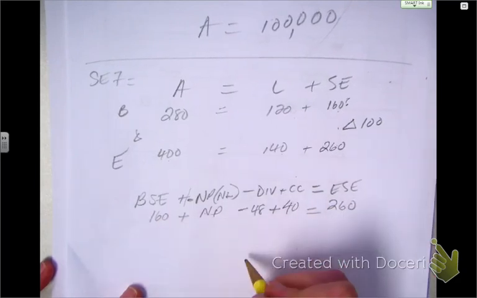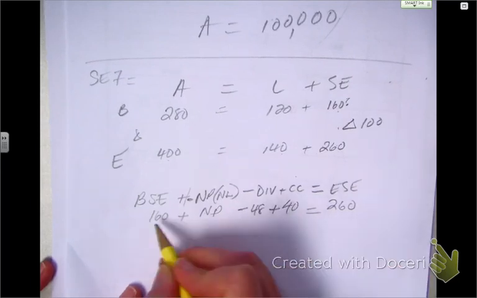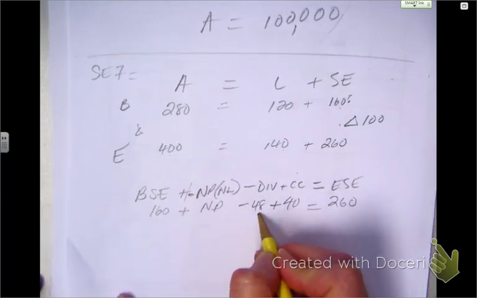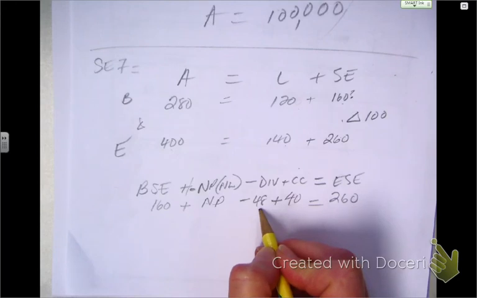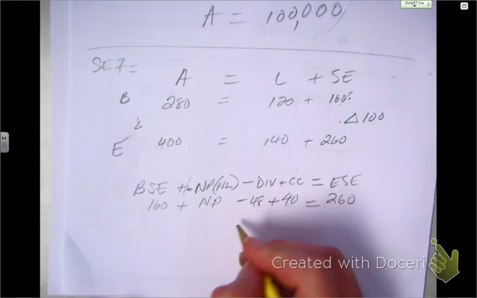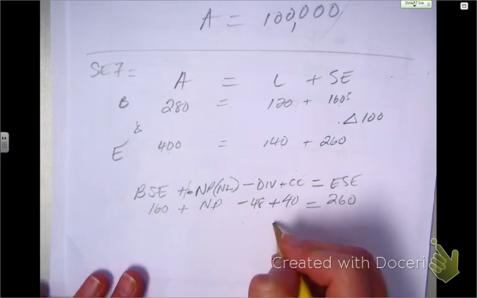So now we're going to solve for this problem. What do we have? 160 minus 48 is what? 88 plus 40.